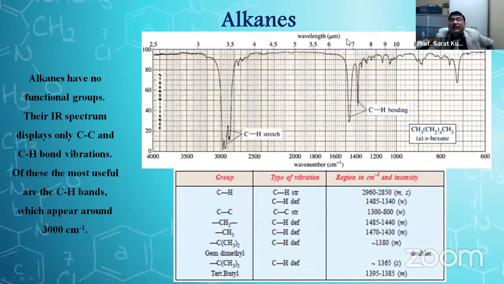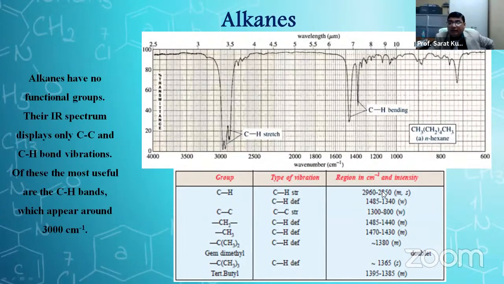For hexane, in a fixed picture, the peak around 2960 to 2850 is due to CH. There are two types of CH bonds, CH3 and CH2.